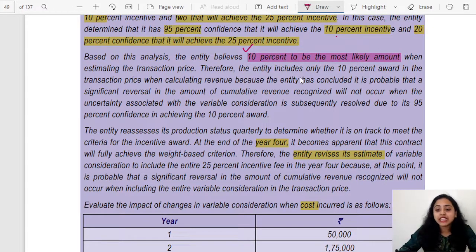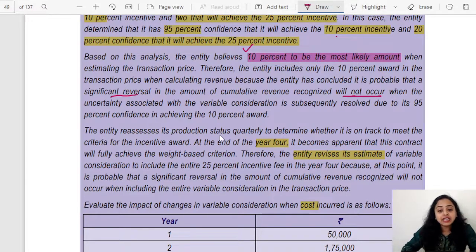Therefore, the entity includes only the 10% award in the transaction price when calculating revenue, because the entity has concluded it is probable that a significant reversal of the cumulative revenue recognized will not occur. When the uncertainty associated with the variable consideration is subsequently resolved, due to its 95% confidence in achieving 10%, there are high chances that they will be achieving the 10% criteria.